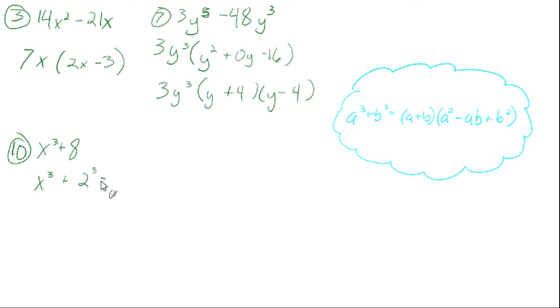Let me see if I can clarify what I mean. A lot of times what people will do is x plus, and what's supposed to go here is 2, because 2 is the second thing cubed, but a lot of times people will put 8, because that's the second number. Okay, but just write it down this way so you can be clear. The first thing that's cubed is x, the second thing that's cubed is 2.